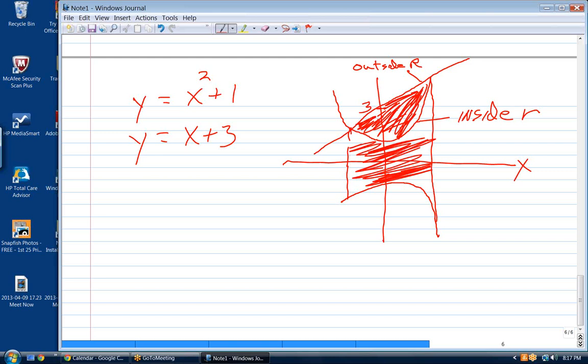In other words, when we rotate this region about the x-axis, I have a giant hole in the middle of the resultant solid. And the hole is defined by, let me put a different color. There's the hole.